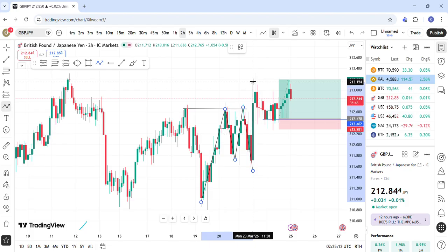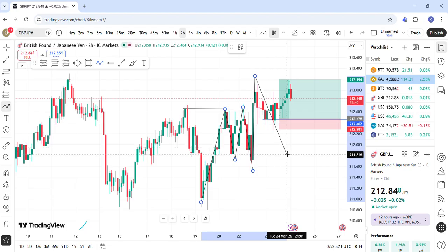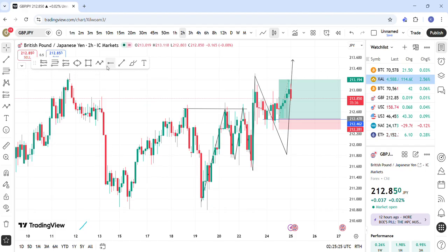Then we finally have a break of structure. So price is likely to come back here to continue pushing up. So this is it. You can actually backtest this and see how it works.